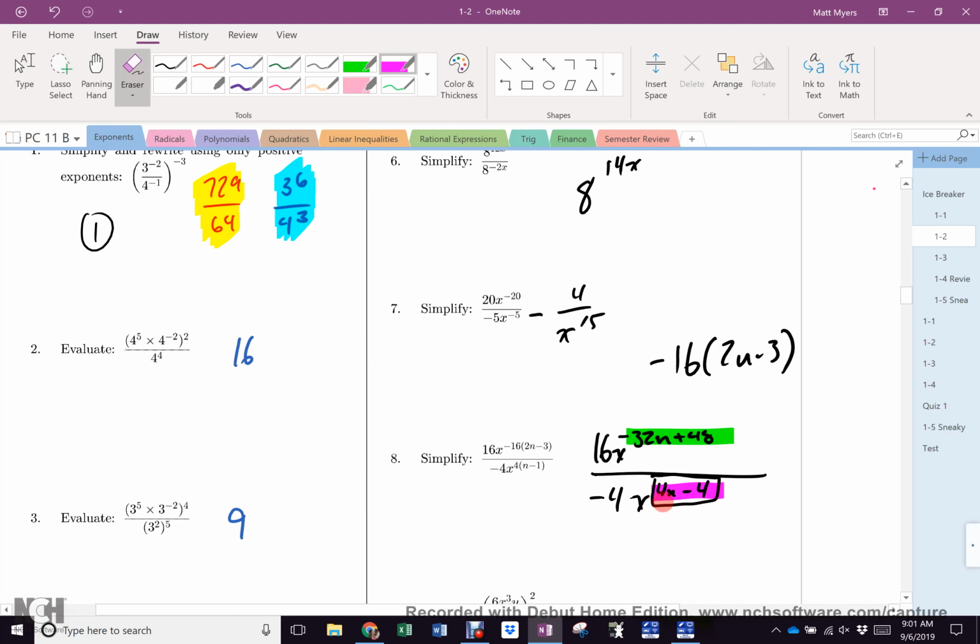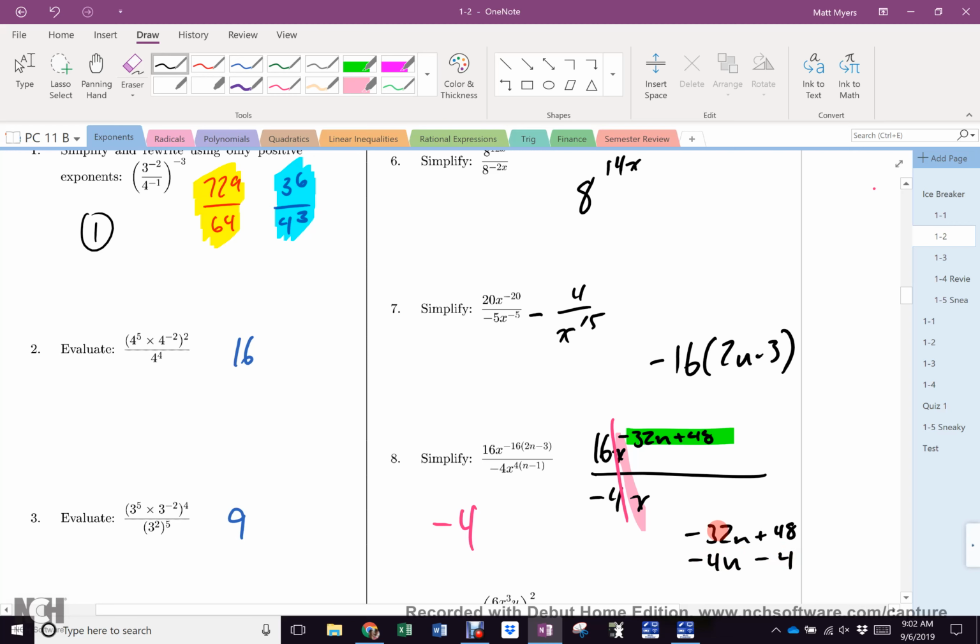But what you should be doing is looking at it this way. 16 divided by 4 is negative 4, right? Now, x and x, same exponent, so what do I do with those two exponents? Oh, it disappeared. I had negative 32n plus 48, and what math do I do when I'm dividing? Subtract. So I am subtracting 4n minus 4.